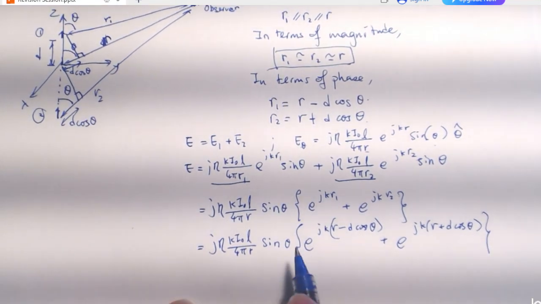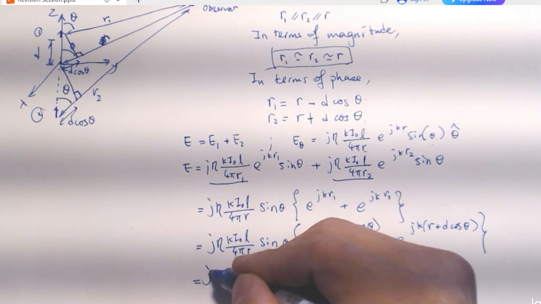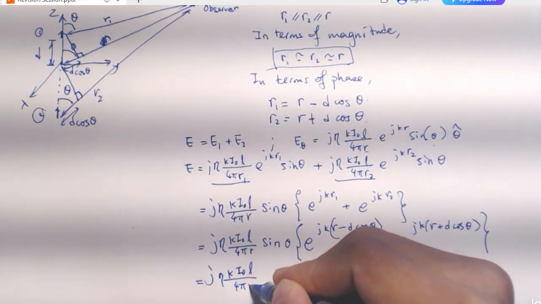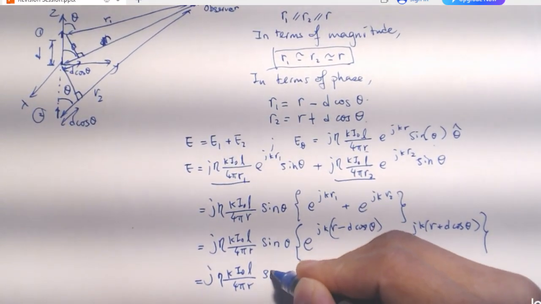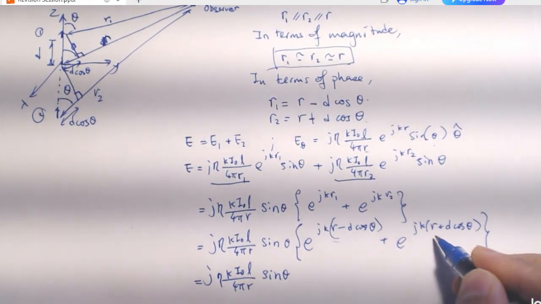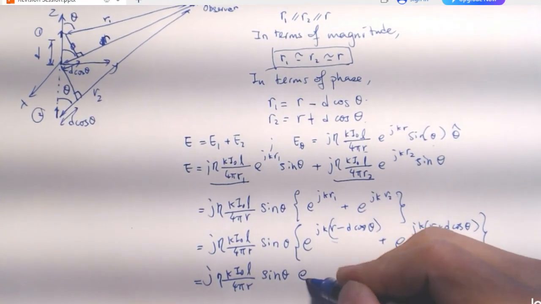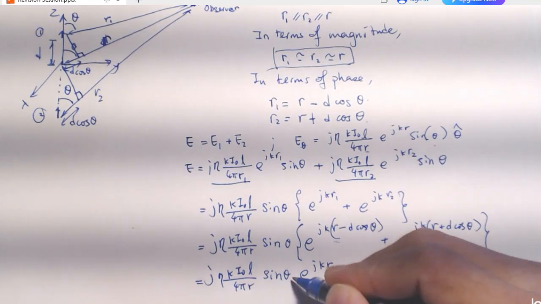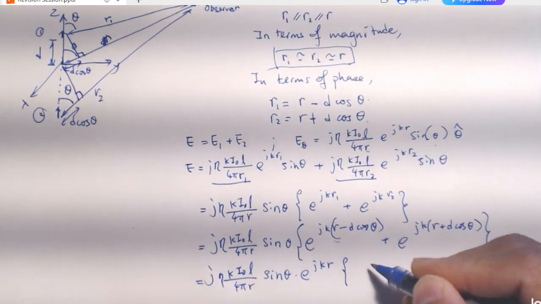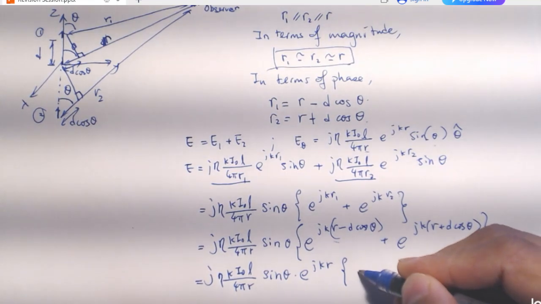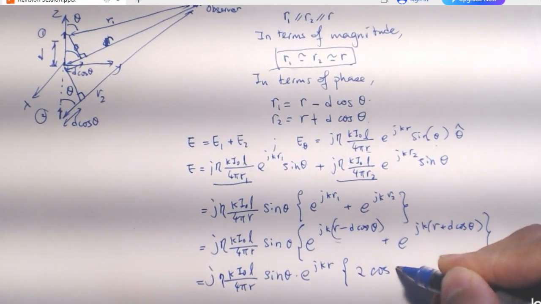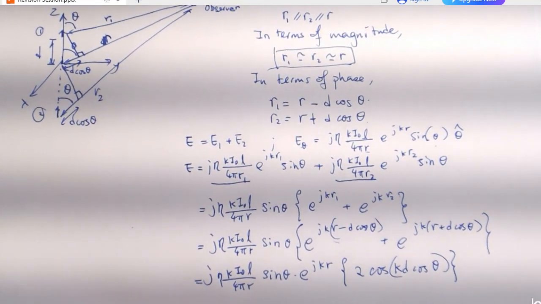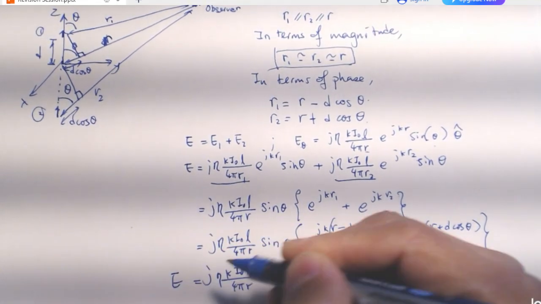And if you work out very carefully, you will get sine theta, and we will get the common terms here, and we will get 2 cosine(kd cos theta) here. So this is the combined electric field.